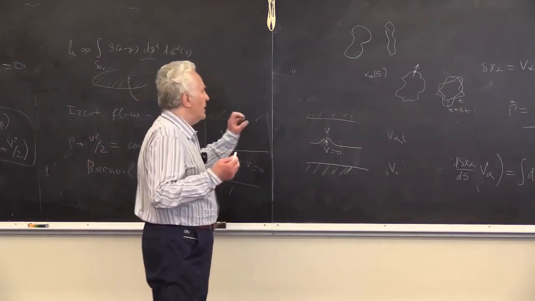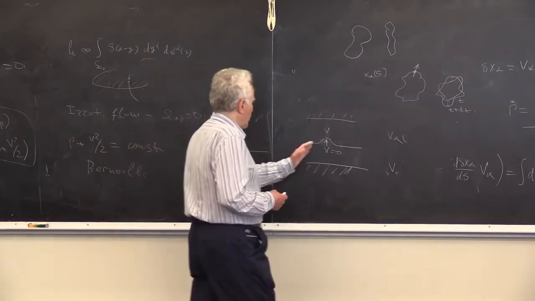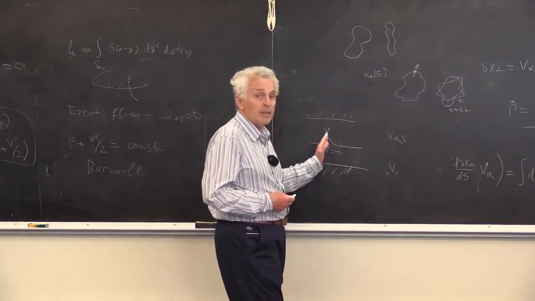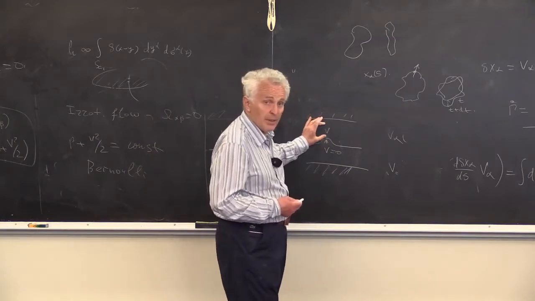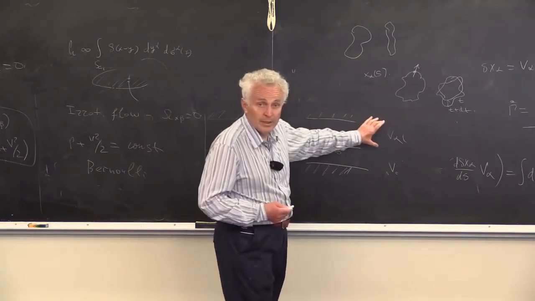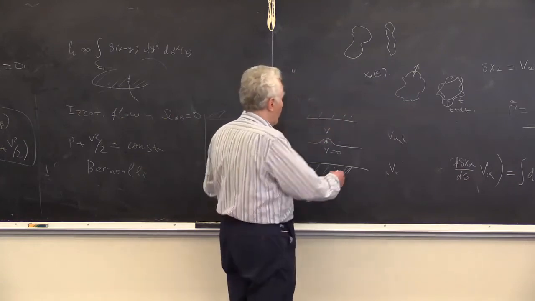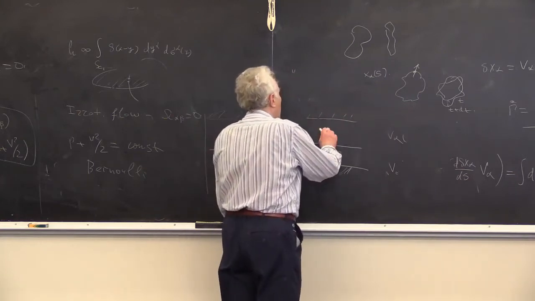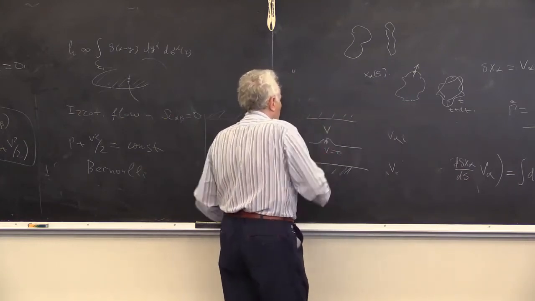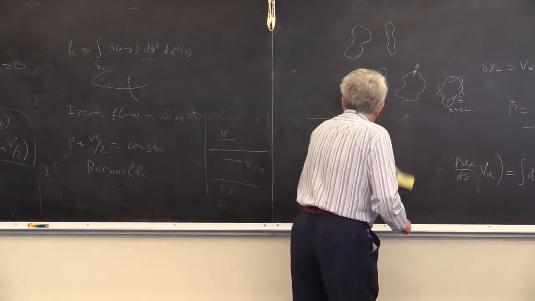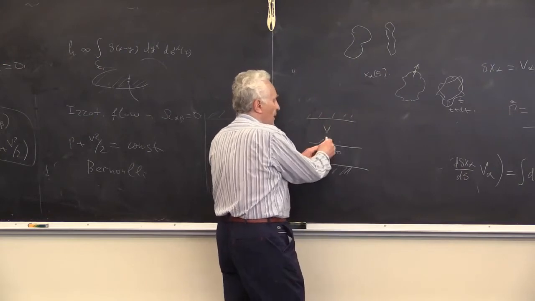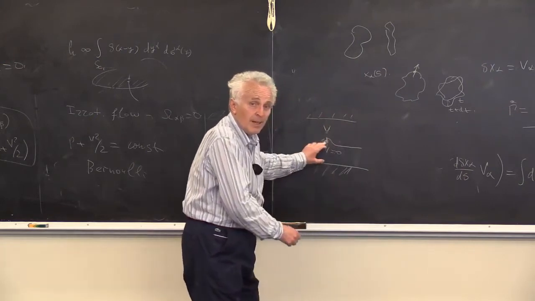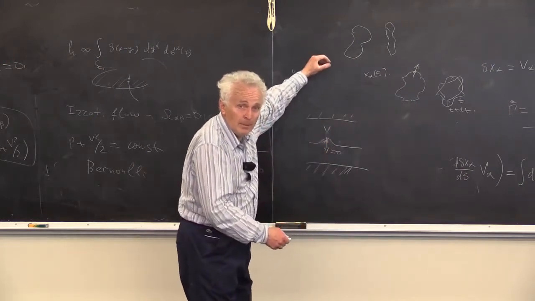No, you see, the point is that the pressure in this bump becomes larger because velocity here becomes larger, so that the flow is, the continuity is, velocity becomes larger, the pressure here becomes smaller. That means that the pressure here becomes larger and pushes the bump up.